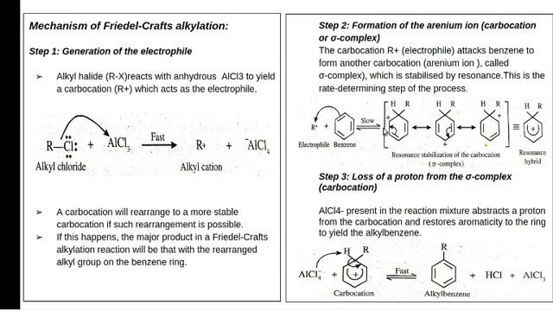It is a slow step and forms a carbocation. When the electron pair shifts, one carbon gets a positive charge and another carbon becomes negatively charged. The carbocation attacks the negatively charged carbon and the charges get neutralized. A carbocation is produced, which means a positively charged species with the positive charge on carbon. This carbocation is resonance stabilized.